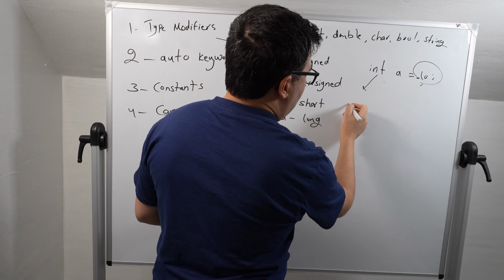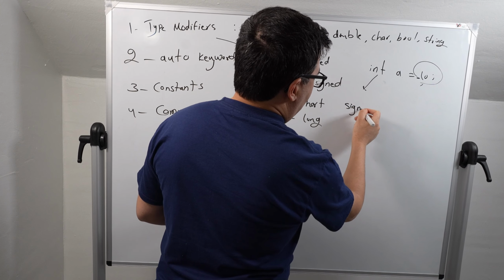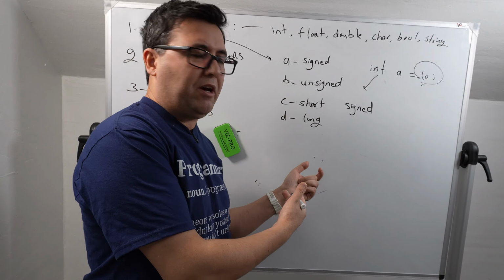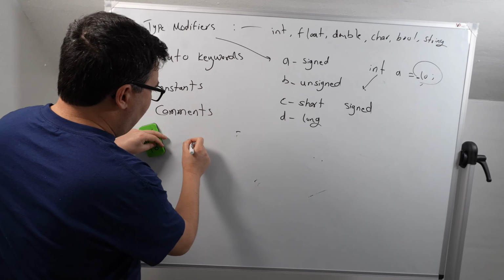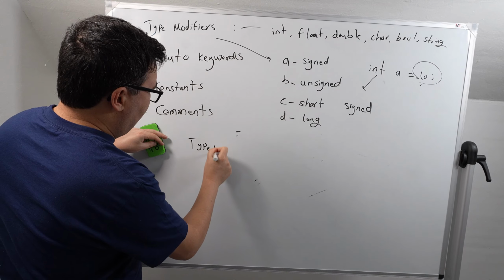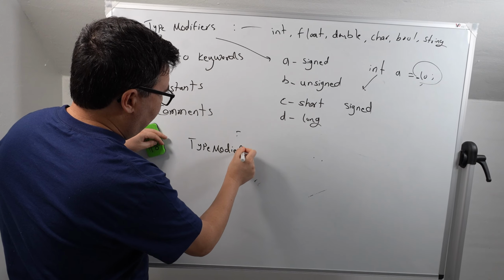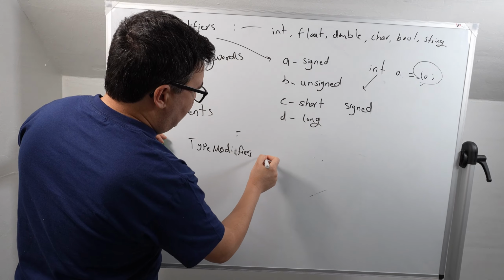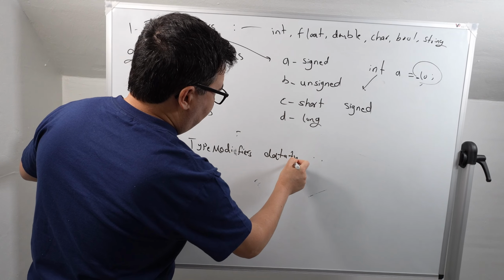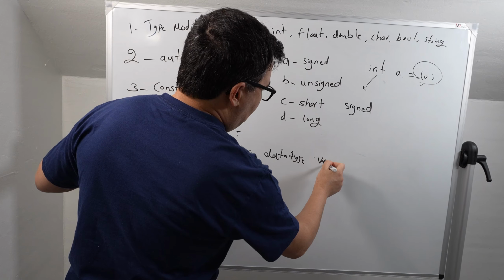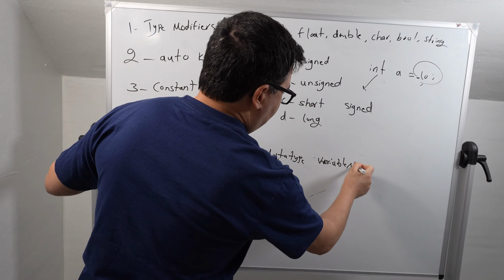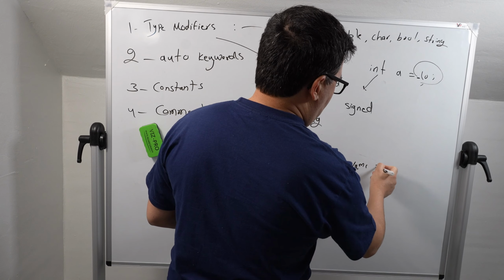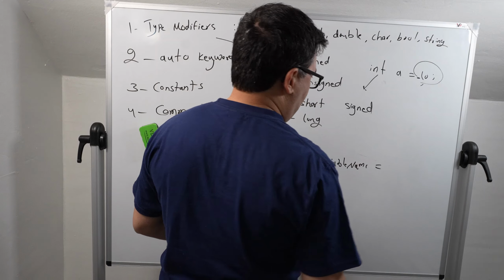When we use signed, we always remember we put the signed type modifier before the data type. So we have first the type modifier, then the data type, then the variable name, and then equal and the value of the variable, or semicolon.